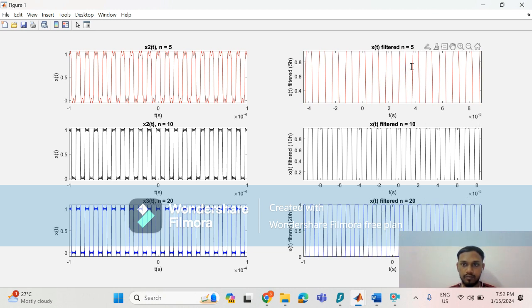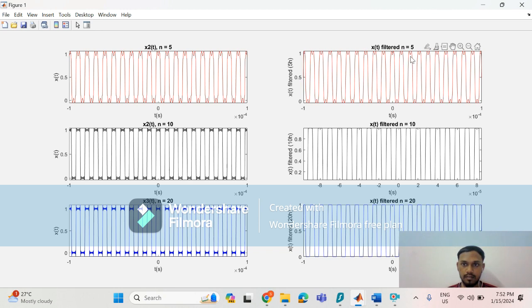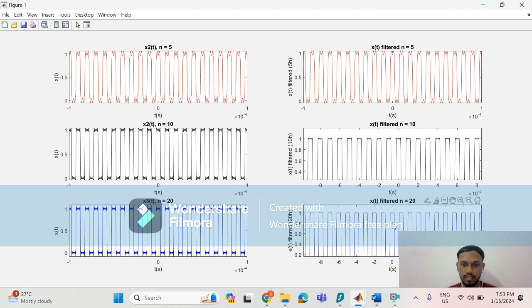This is for the 5th harmonic. We can see the noise reduction. For the 10th harmonic, we can see the noise reduction. And for the 20th harmonic, there is no noise. We can see how the low pass filter transforms these signals for the following harmonics.